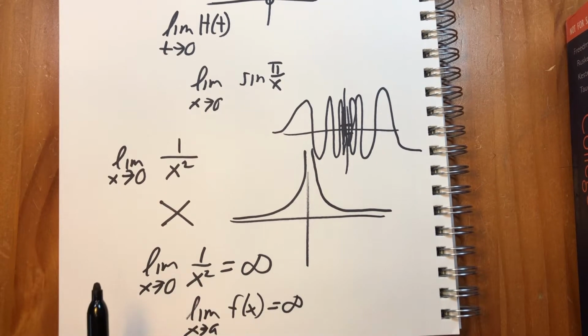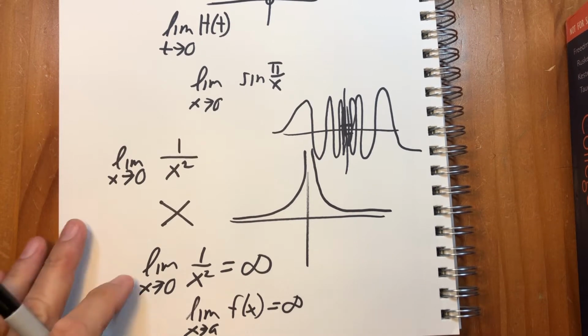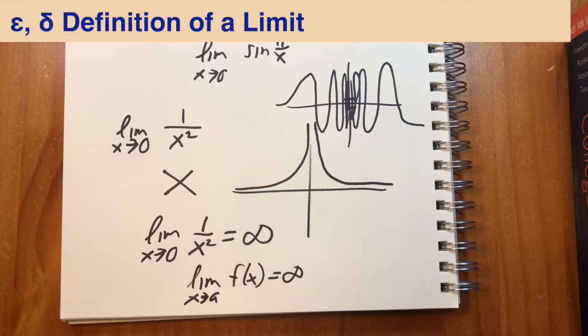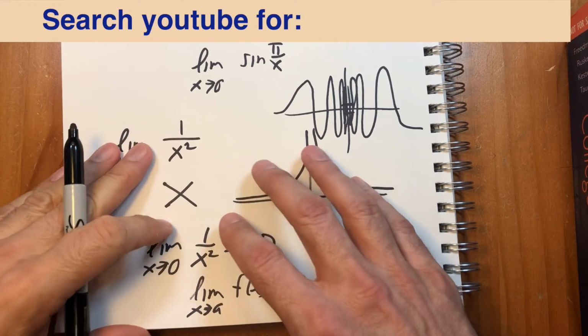What we say here is that the values of f of x can be made arbitrarily large by taking x sufficiently close to a, but not equal to a. That sounds almost exactly like the epsilon delta definition of a regular limit, right? And it is.